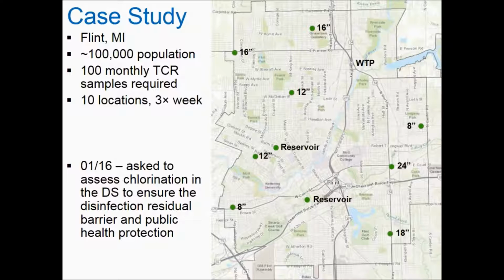This was what I'll call a legacy sampling plan. It had probably been going on for 30 or more years, and I suspect there are many utilities out there that have had plans in place for a really long time, and one person teaches it to the next. And so their plan looked a little bit like this map. These are the 10 locations.